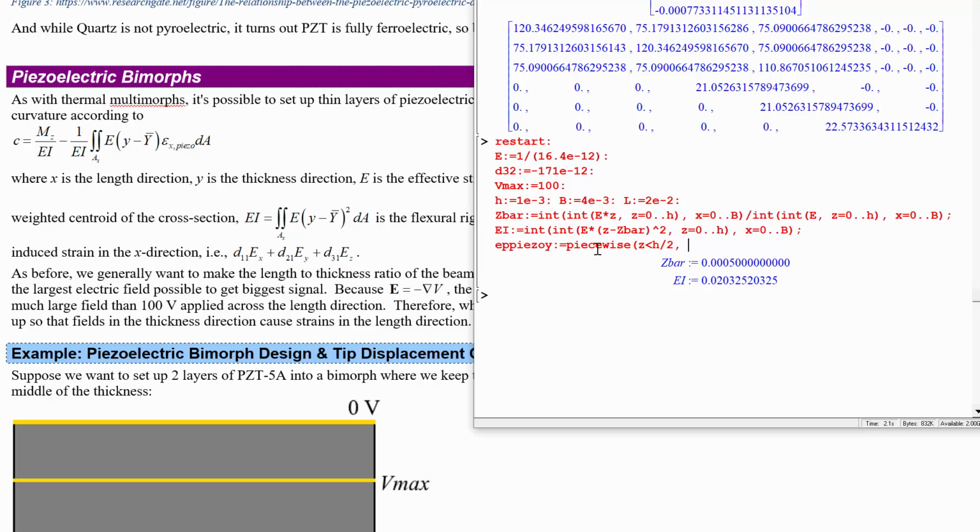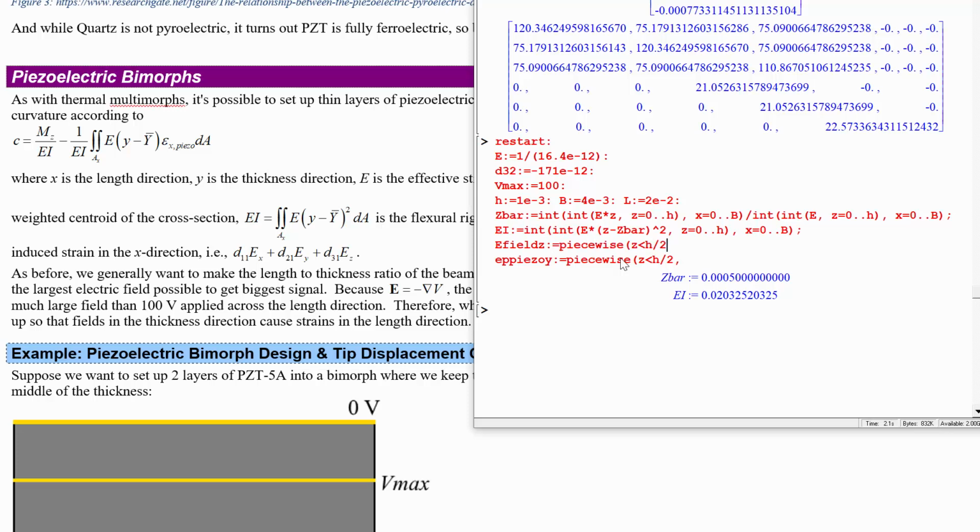Actually, maybe we'll say instead that the piecewise function is the electric field. So E field in the Z is piecewise.